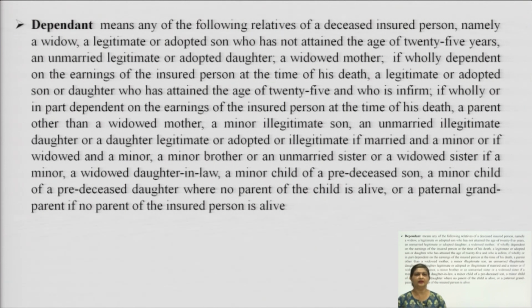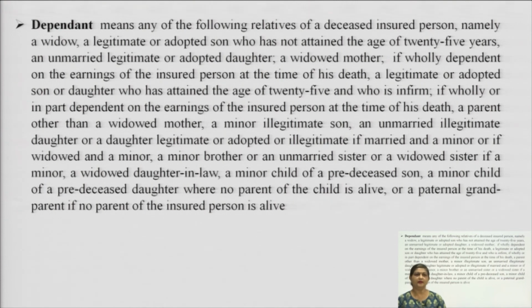It means any of the following relatives of a deceased insured person, namely a widow, a legitimate or adopted son who has not attained the age of 25 years, an unmarried legitimate or adopted daughter, a widowed mother if wholly dependent on the earnings of the insured person at the time of his death, a legitimate or adopted son or daughter who has attained the age of 25 years and who is infirm. One who is 25 years and infirm will be deemed as dependent.